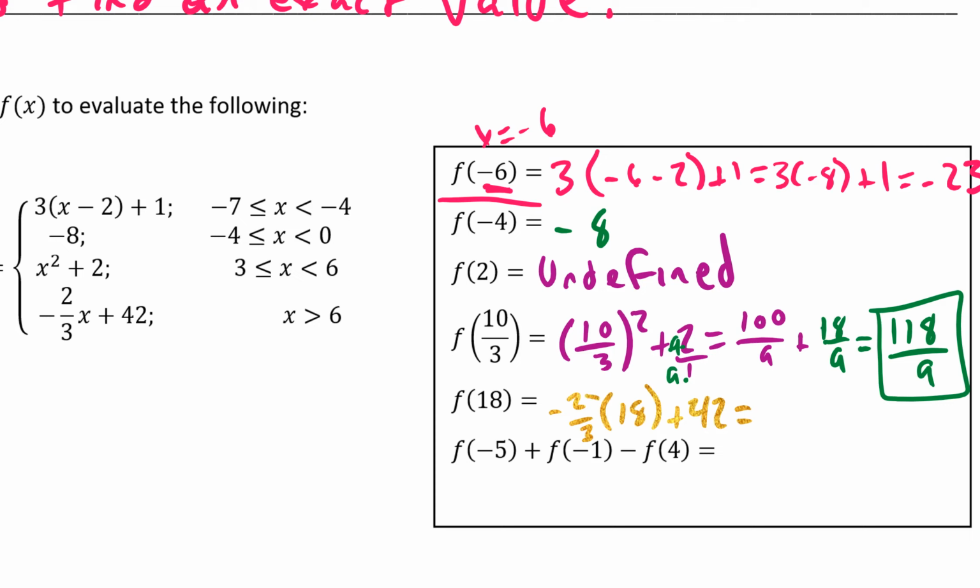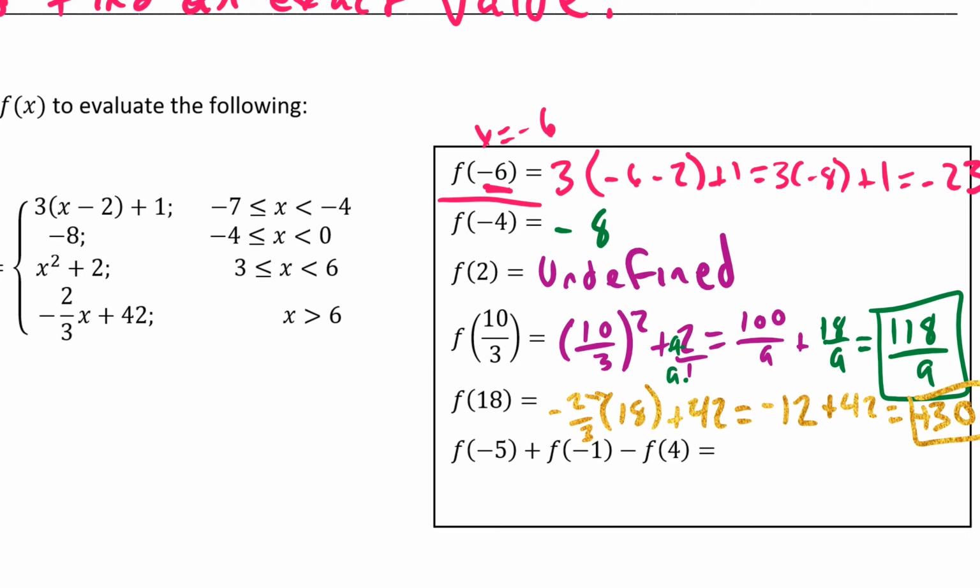I can multiply negative 2 times 18, and that'll give me negative 36, and that's going to be divided by 3. What's negative 36 divided by 3? Negative 12, right? So negative 12 plus 42? Not quite. Negative 30, yes? Oh, no, you're right, positive 30. Excuse me, my bad.